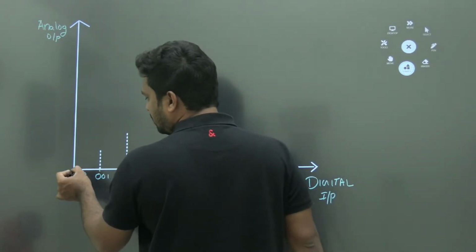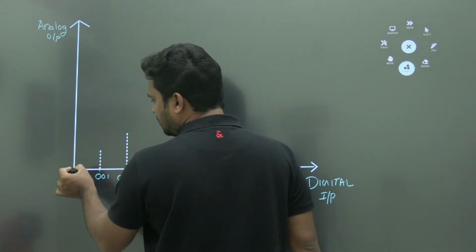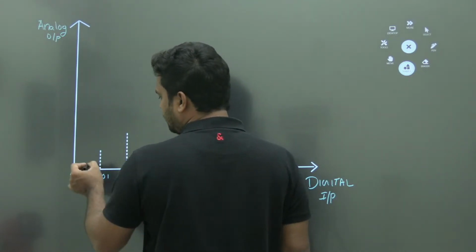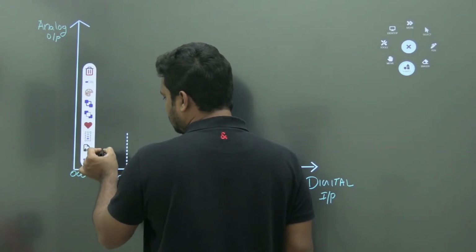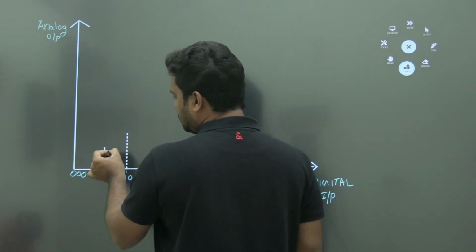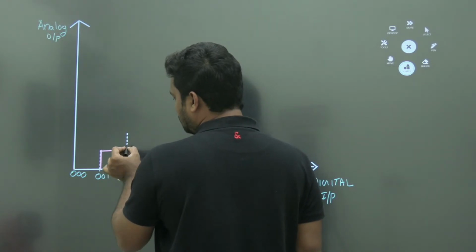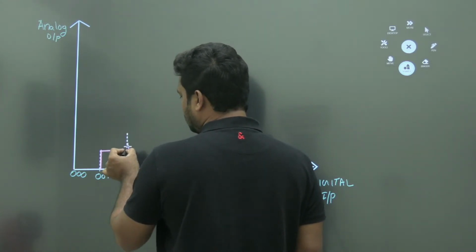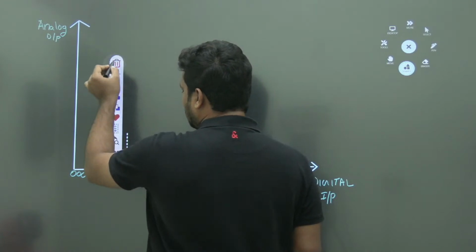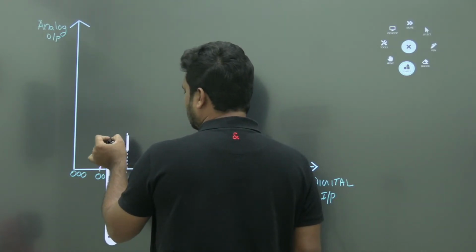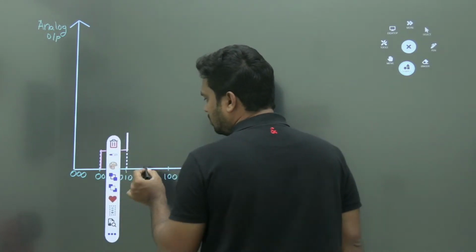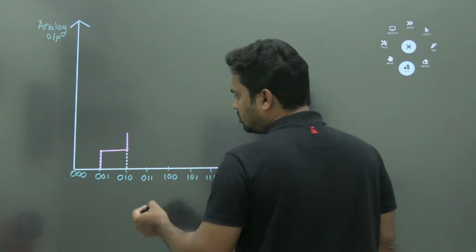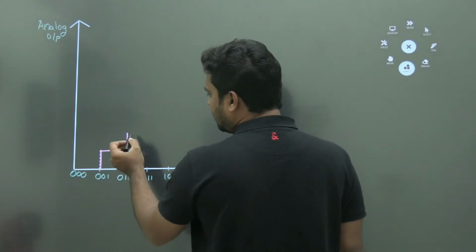So for input equal to 000, you get the output of 0 volts. When input is 001, you get the output equal to 0.5 volts. Next, for some other input, you get the output equal to 1 volt. So as the given input is increasing, my output is also increasing.